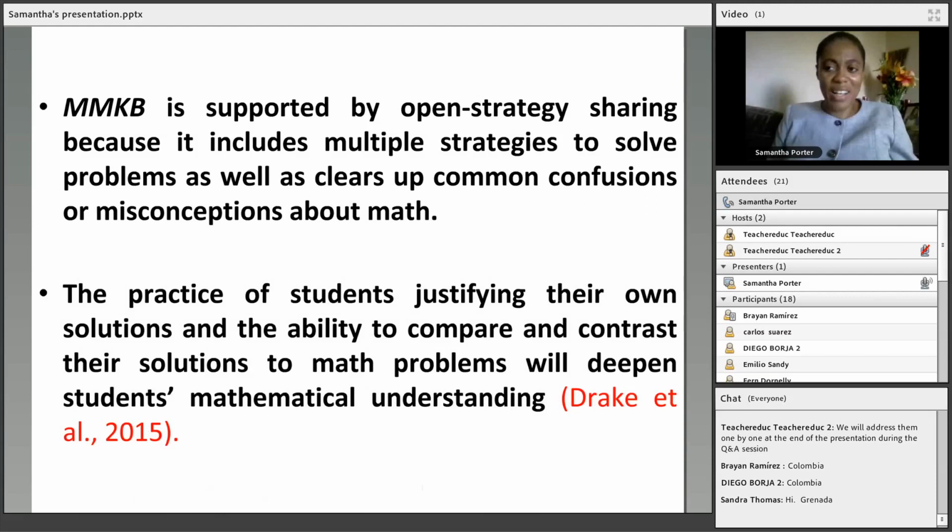The practice of students justifying their own solution and the ability to compare and contrast their solutions to a math problem will deepen students' mathematical understanding. So students now can apply knowledge that was gained to other areas in mathematics.